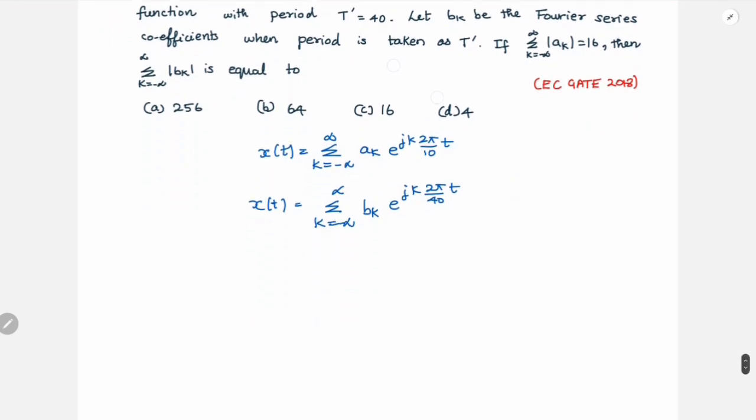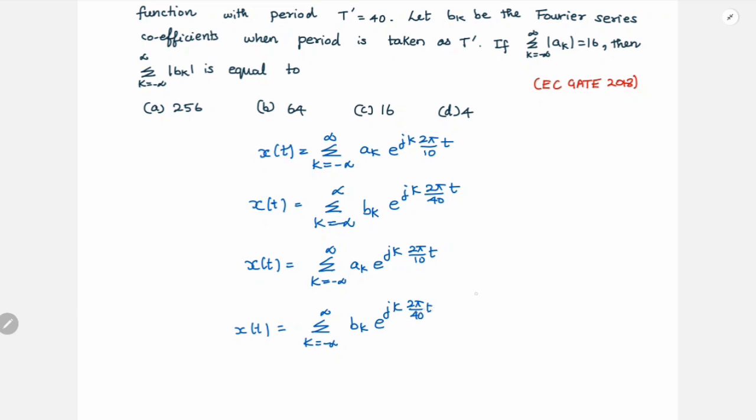So let us just try to manipulate this. We have x of t equal to summation k equal to minus infinity to infinity ak e power jk 2 pi by 10 t. If we try to expand this, we get x of t equal to summation k equal to minus infinity to infinity bk e power jk 2 pi by 40 t. And you see, for every k equal to 4n, this is going to represent the same as this, right?